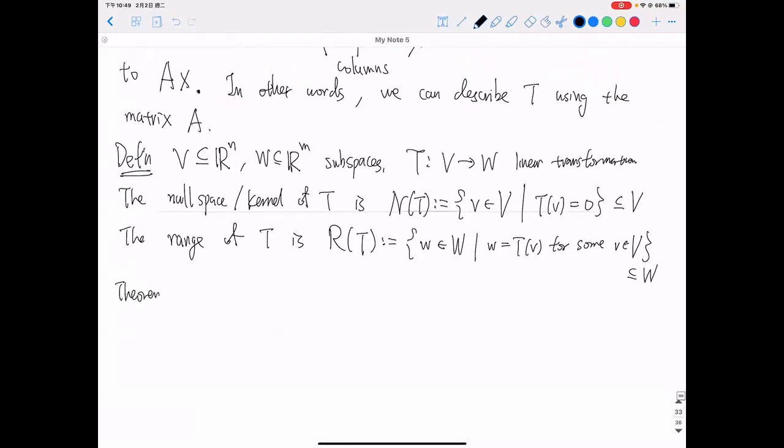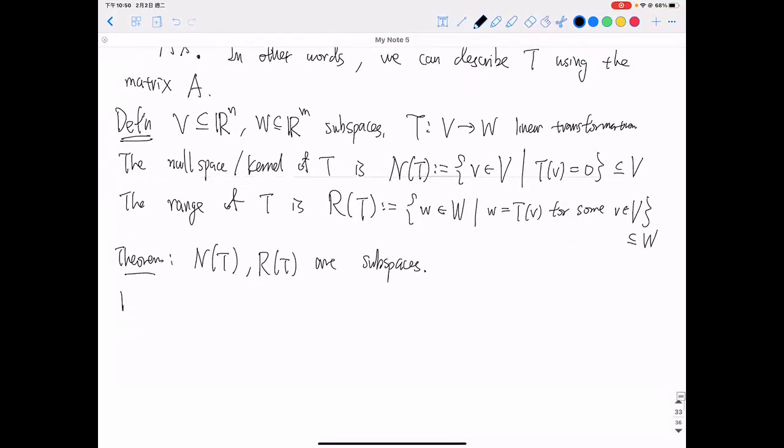Now, it's an easy theorem to check that the null space and the range are subspaces.